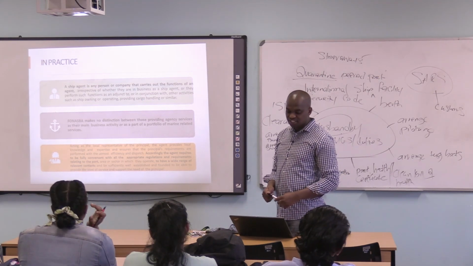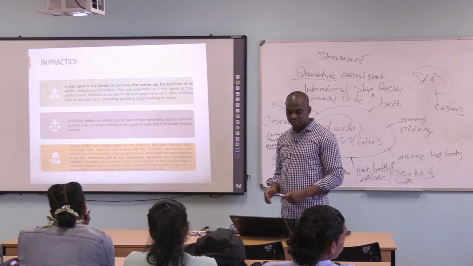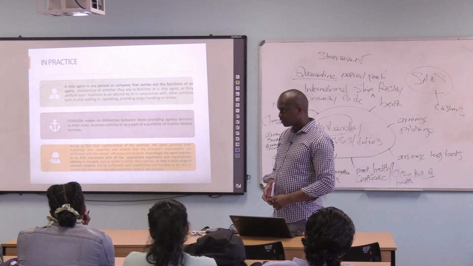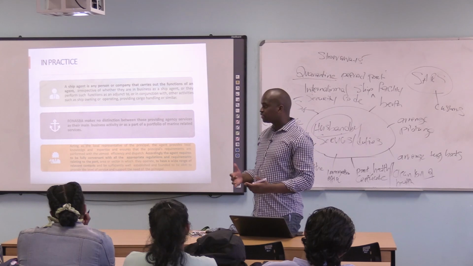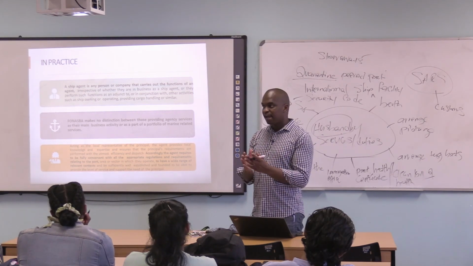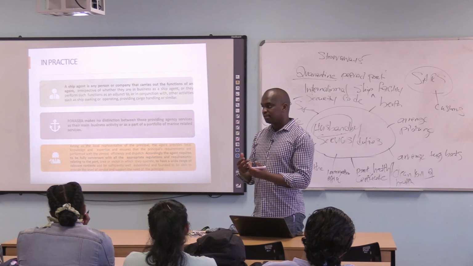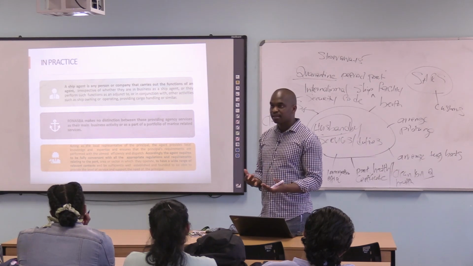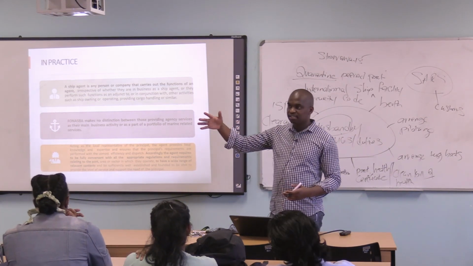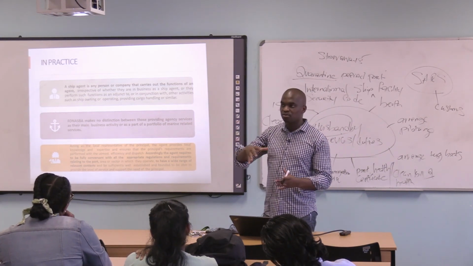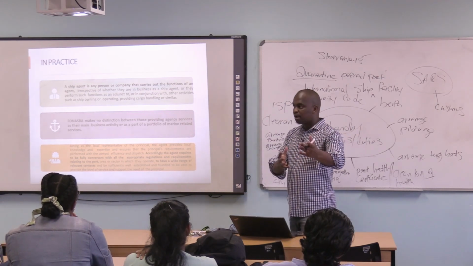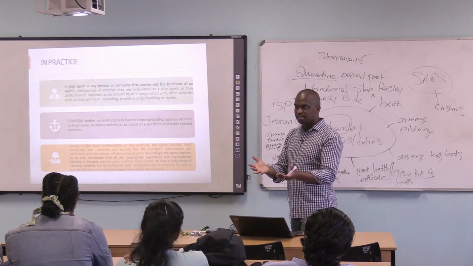Some shipping companies have their own inward agent services that they provide for themselves. Some companies outsource agent services. In other words, they go and get an independent company that provides agent services to be the one that is going to come and perform agent services on behalf of the company.